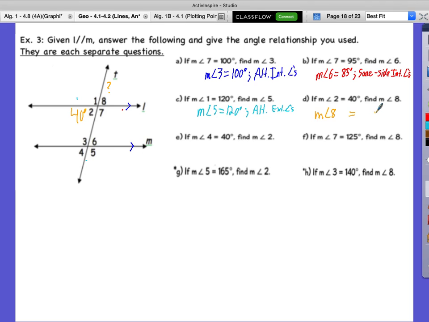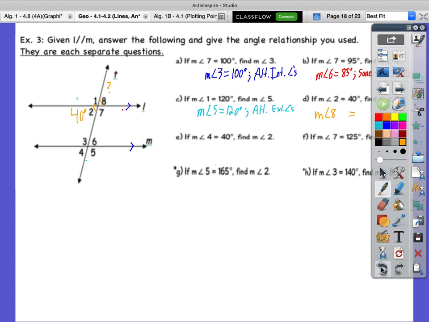Anyone tell me what that relation will be? It's an old school one from chapter 1: vertical angles. They are opposite each other, they share the vertex, and their sides make the x. Vertical angles are always congruent. So the measure of angle 8 is 40 degrees.